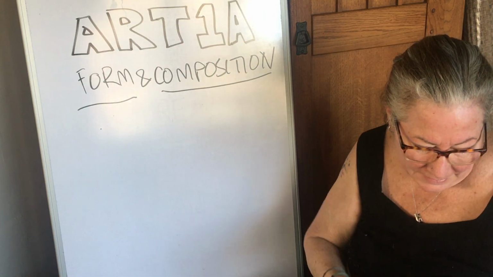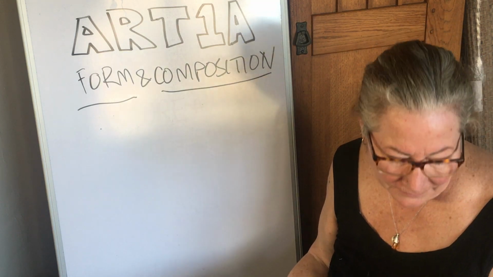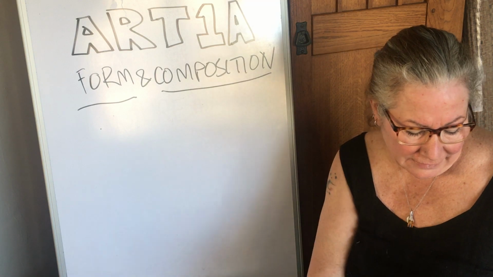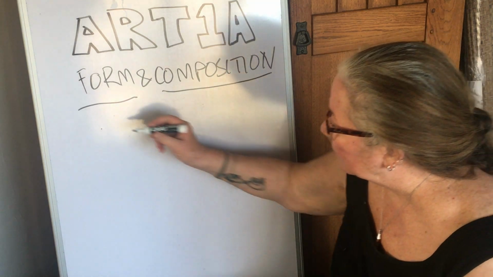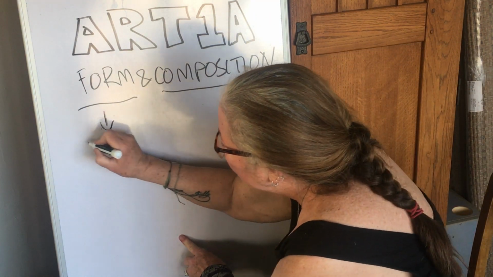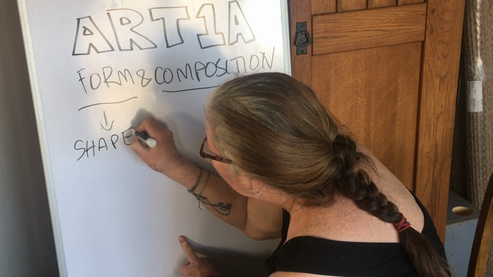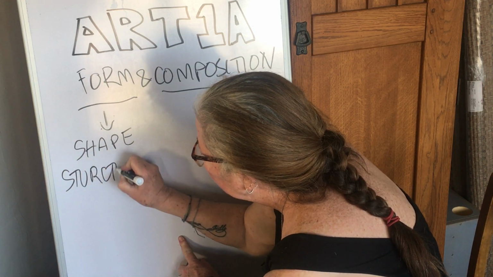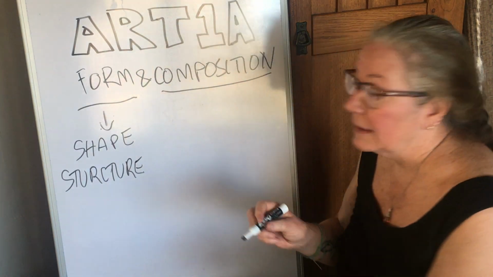So form is literally the object's shape and structure. That's all it means. So we're talking about shape and structure. We say, what form does it take?